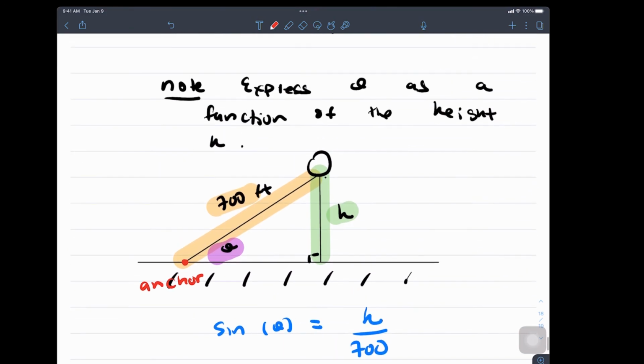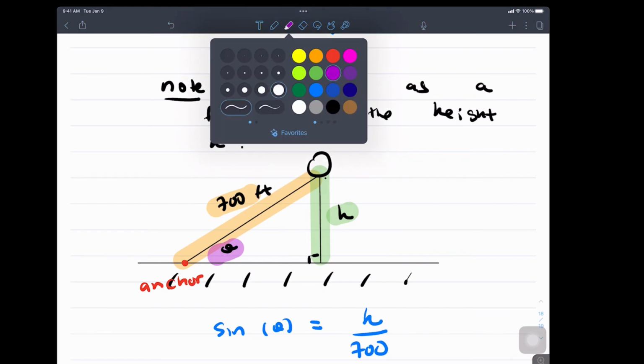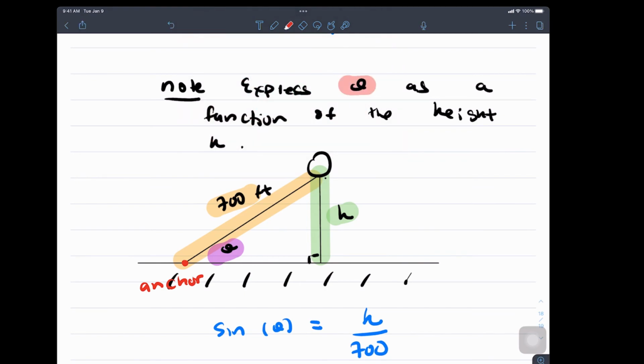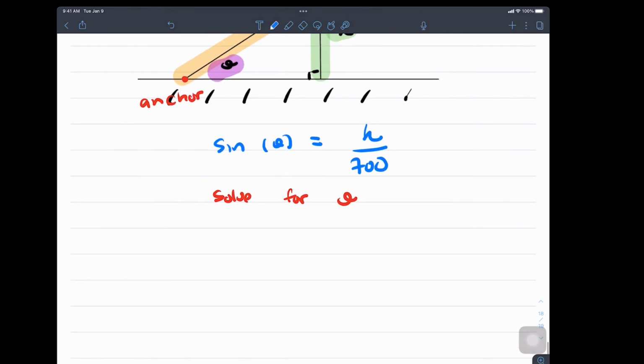You're used to solving for h, but what do they say? Express what? Theta as a function of height, that's h. So in other words, they're saying write theta equal a function of height, f of h. Okay, that's the language. Theta is a function of height.